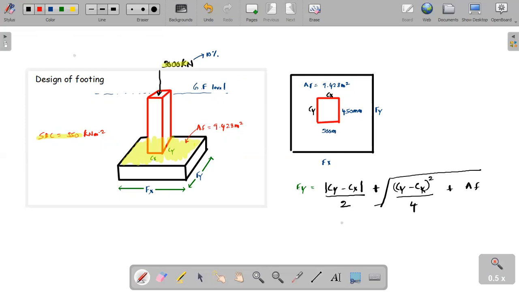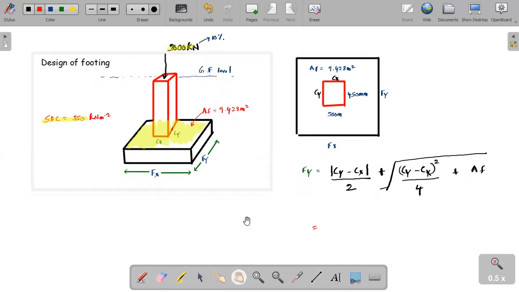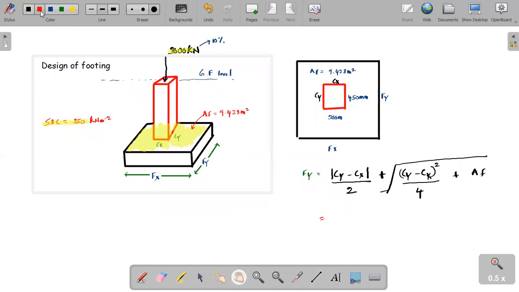Then let's simplify. Cy is 450 millimeters. But keep in mind, we can't put millimeters. For the simplification, we should provide answers with the SI unit, that means meters. You have to convert 450 millimeters to meters.